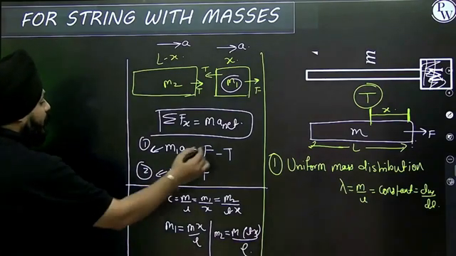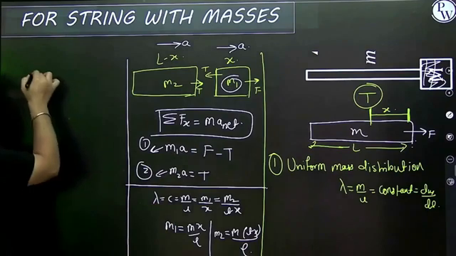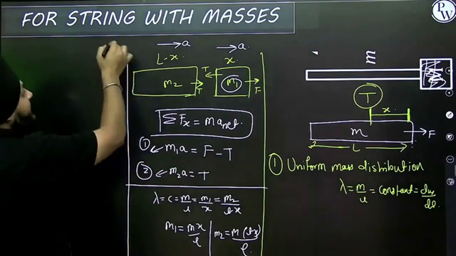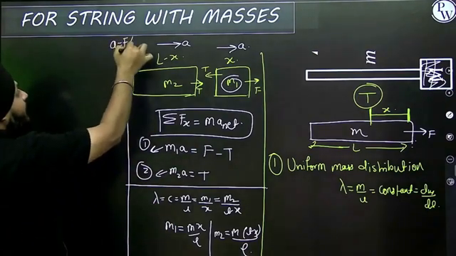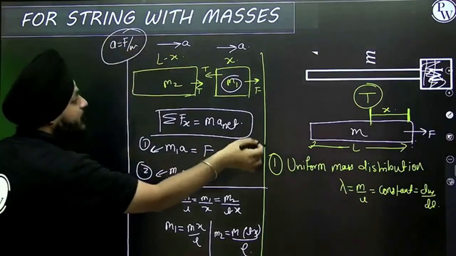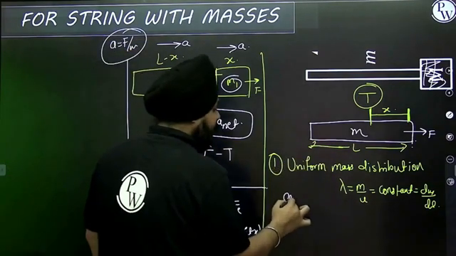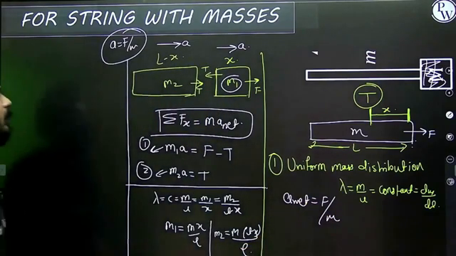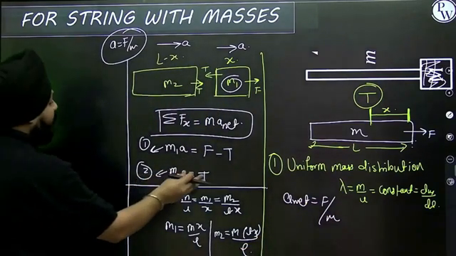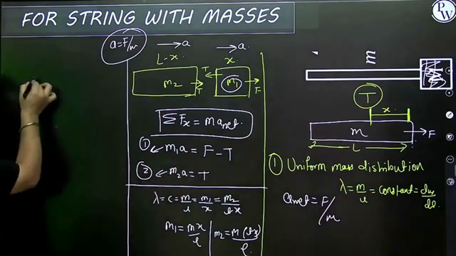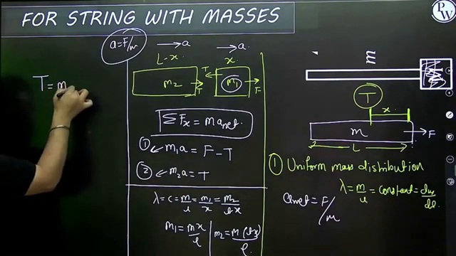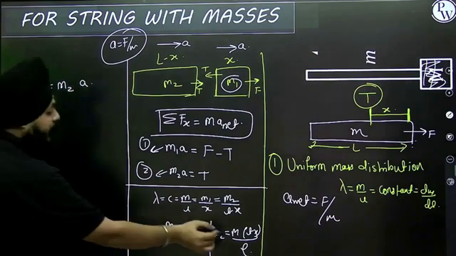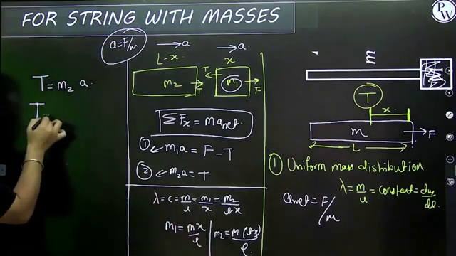And obviously the net acceleration is going to be F by m, because it is net force by mass of the system. Now we need to calculate the tension. T is equal to m2a. Can I replace the value of m2?